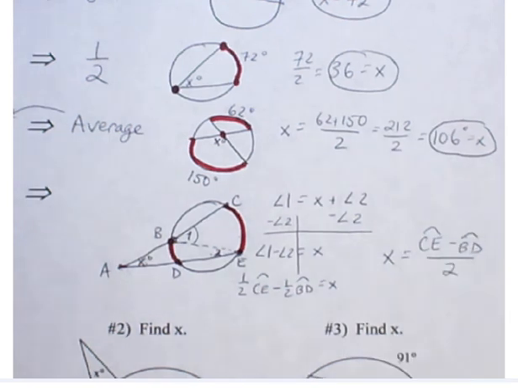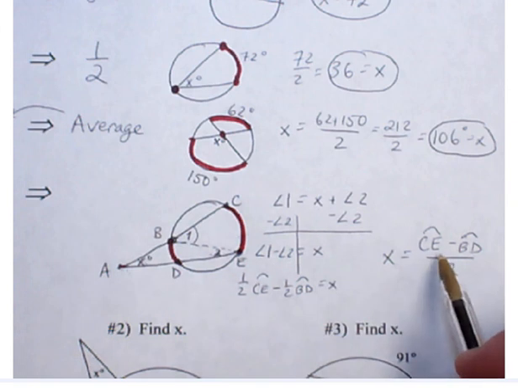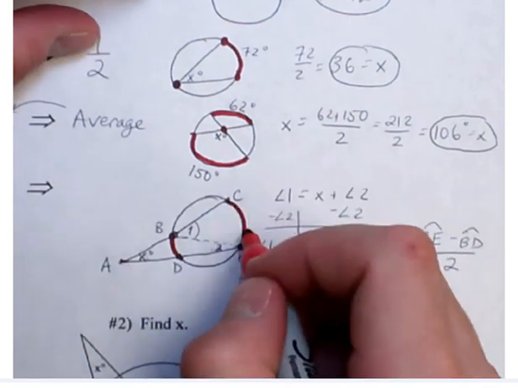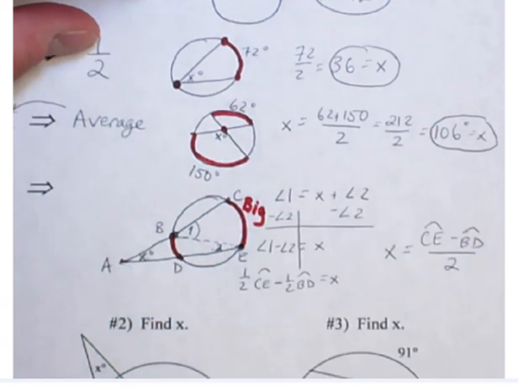So yesterday, with the angle inside, you add the arcs and divide by 2. You take the average. But if the angle is outside, we're going to subtract the arcs and divide by 2. Now the way that I label this, I don't write that as the formula. The two arcs, I say CE is the big arc.